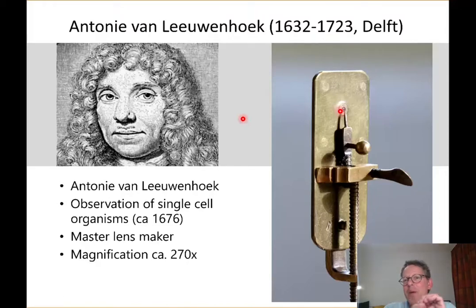And a little bit of polishing, you've got an almost perfect small lens. And so because the smaller the radius of curvature of the lens, the higher the refractive power, and therefore the bigger the magnification you could obtain. So he obtained with this thing magnifications of 270 times or so, which is extraordinary.